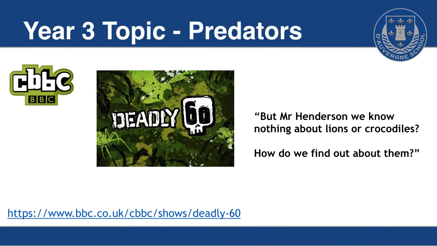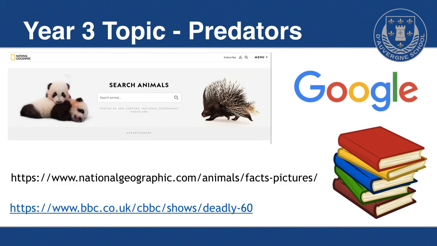However, I can hear you saying, but Mr. Henderson, we know nothing about lions or crocodiles. How do we find out about them? What information do we give on our top trumps? Well, you can go over to the internet, you can use some books that you might have at home or that others might have, to find out lots of different facts about predators.